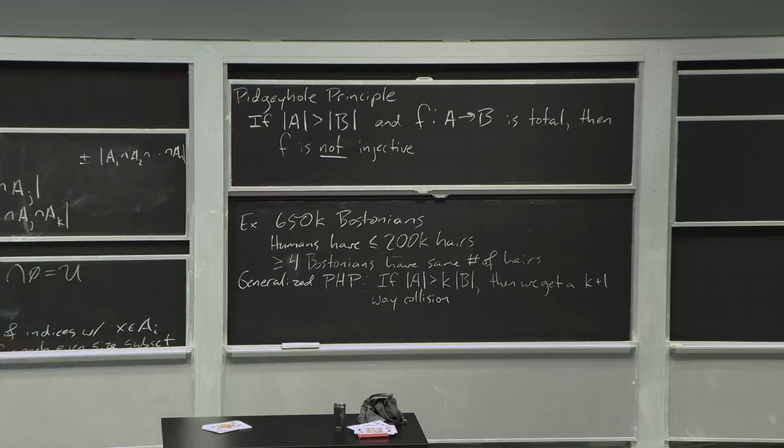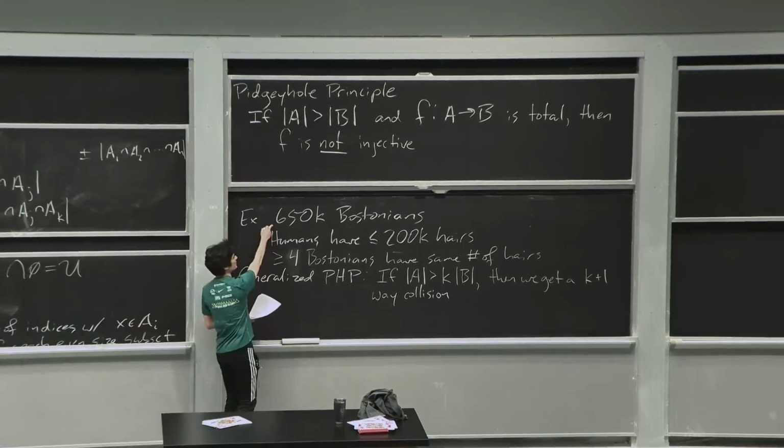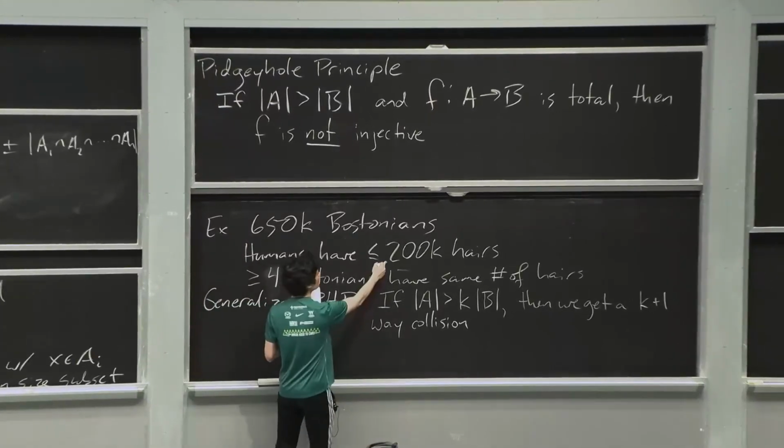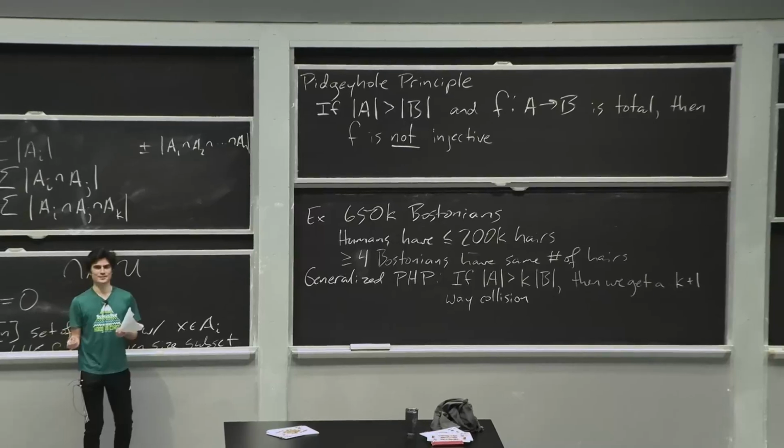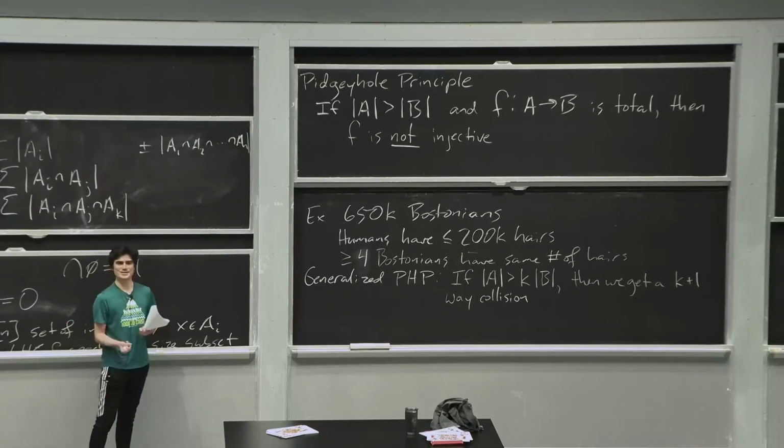Okay. So because we have 650,000, which is more than 3 times 200,000, we've got a 3 plus one-way collision, not just a three-way collision. Does that make sense?